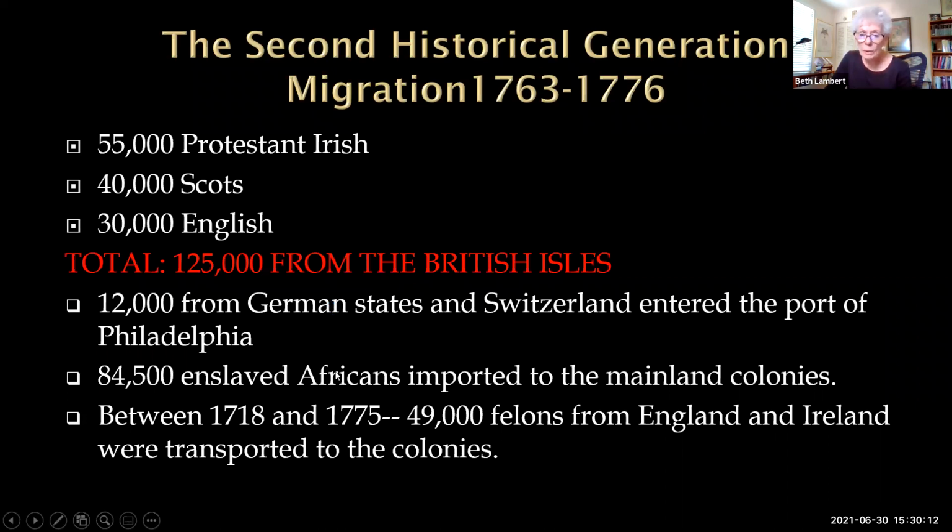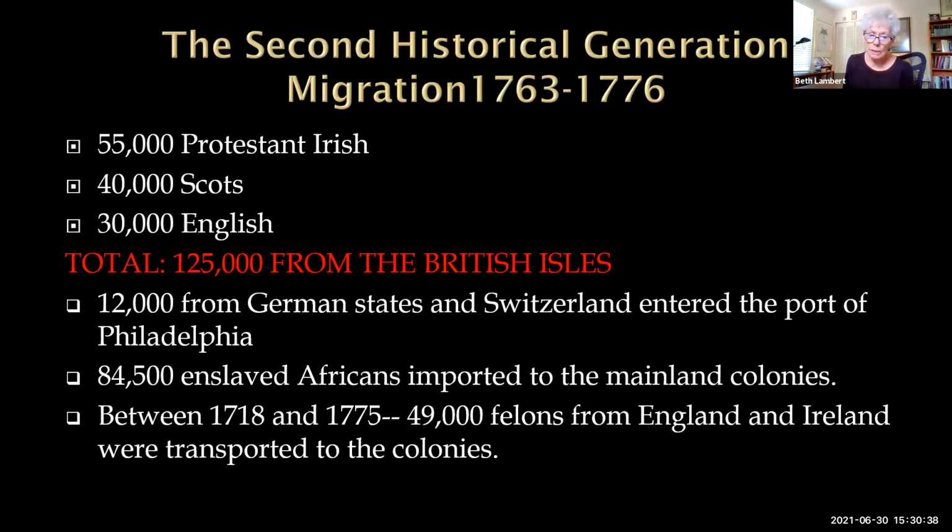84,500 enslaved Africans were imported to the mainland colonies. This, of course, is a whole subject of its own. We've just been talking about when it all started, that it started in 1619 when the first slaves came to this country. Theirs is a whole story.